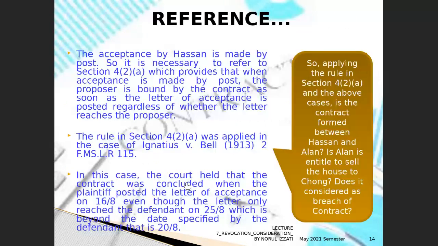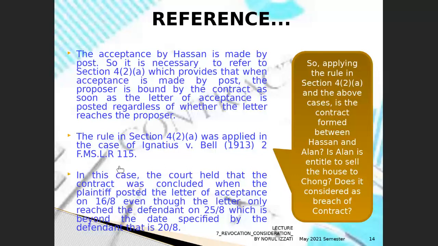In this case, the court held that the contract was concluded when the plaintiff posted the letter of acceptance on 16th of August. That means the postal rule also applies in the following court case, which becomes the judicial precedent for issues involving the postal rule.